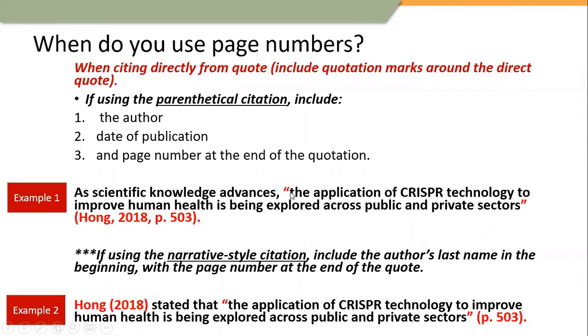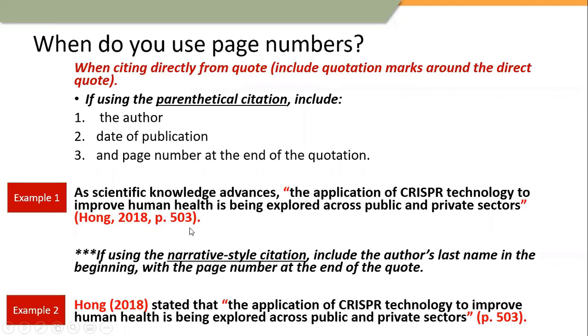Now, everything that's the exact quote that I'm copying from the author is encapsulated between the two quotation marks. So here's my first quotation. Here's my second. Everything here is exactly the same, directly copied from Hung, 2018, page 503.